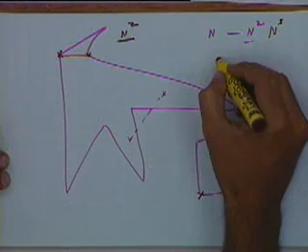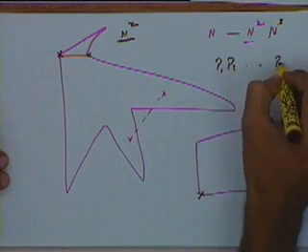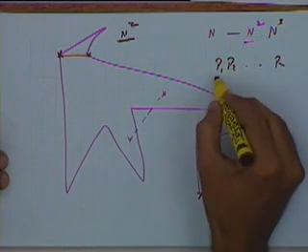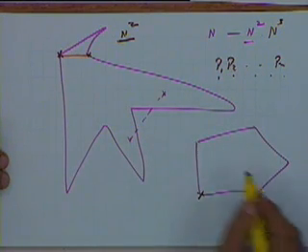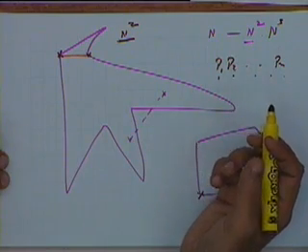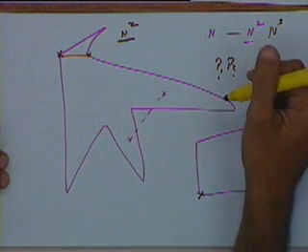We are given a sequence of points P1, P2 till Pn. We can find out the interior angle at each of these points. If at any point we find that the interior angle is greater than 180, that means it has to be a concave polygon. This way we can decide whether a particular polygon is concave.